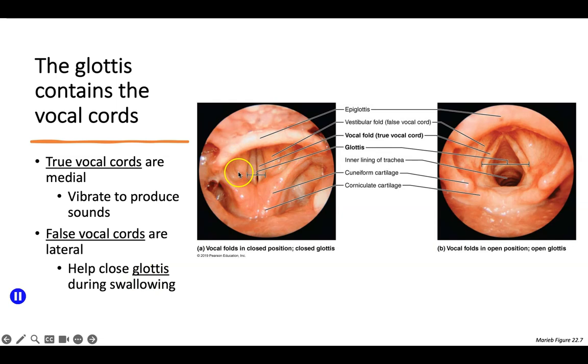So they're playing a more mechanical role in closing the glottis. They're also thought to help provide some resonance to the sound produced by the true vocal cords. So that's the glottis. The glottis is that opening, or when it's closed, you can see it's the true vocal cords, so the space between the false vocal cords, I guess I could also say.